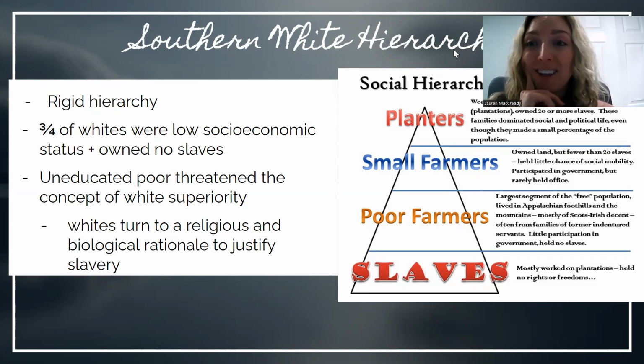I mean, that's a really good argument. And so we'll talk about the justifications, the rationale that slave owners will give in response to that. But those questions are one of the reasons why the Northerners can start poking at it.